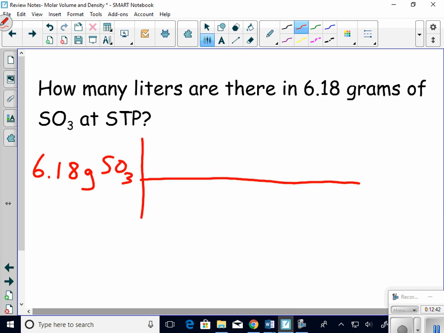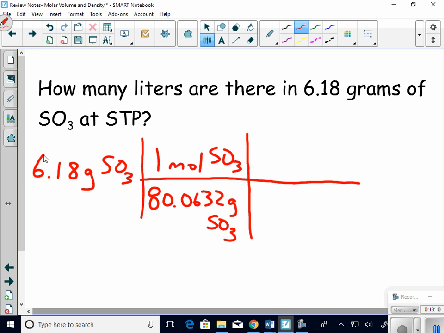Well, in order to do so, I'm going to need to know the molar mass. Well, I already know the molar mass because I've already calculated it. It's 80.0632 grams of SO3 is 1 mole of SO3.